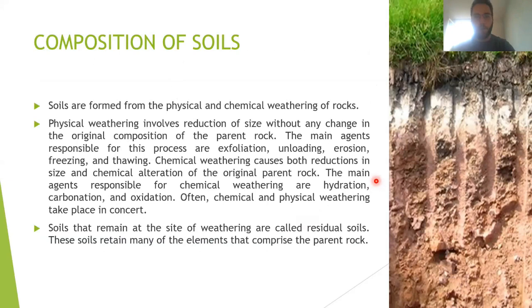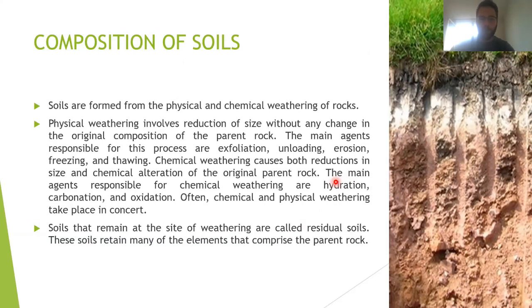Last time in the lecture we spoke about how soil is formed. Soils are formed from the physical and chemical weathering of rock. Physical weathering involves reduction of size without any change to the original composition of the parent rock. The main agents responsible for the process are exfoliation, unloading, erosion, freezing, and thawing.